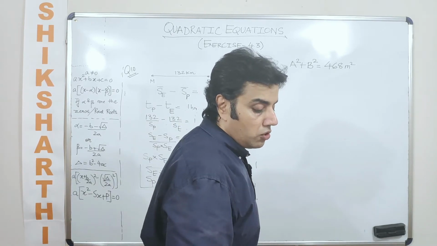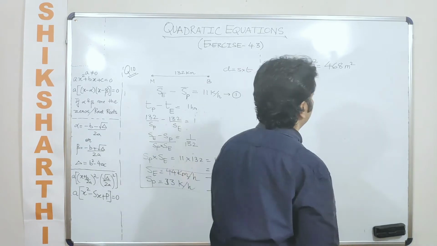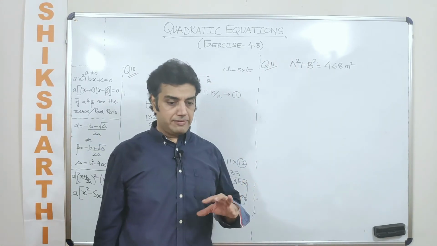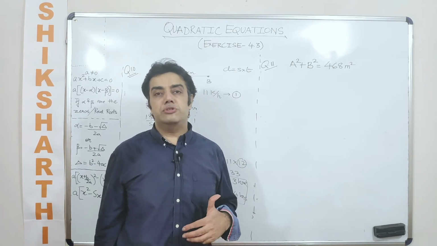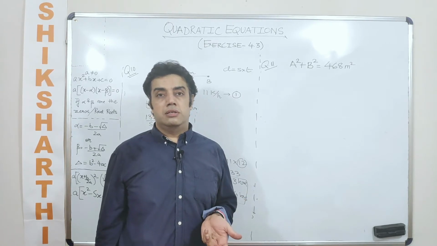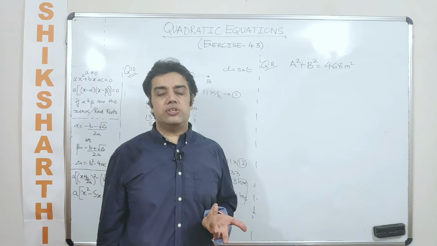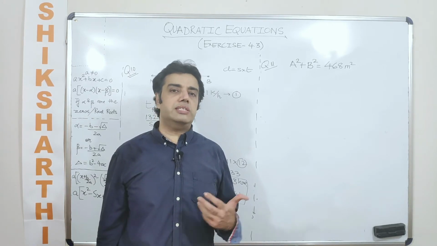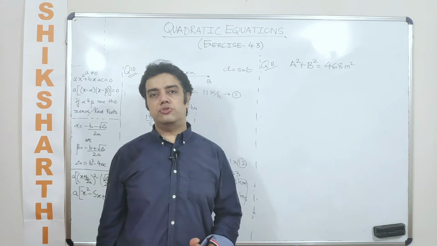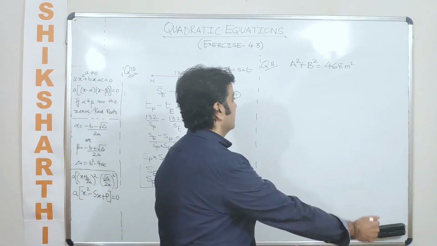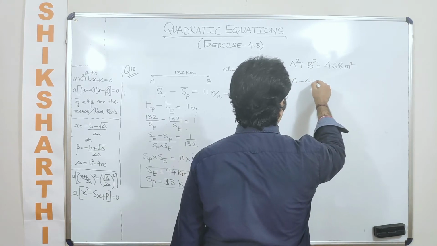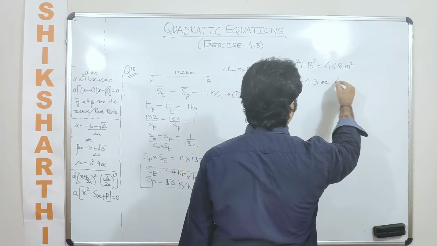If the difference of their perimeters. Now, the moment they use the word difference, if I say what is the difference between A and B, difference is directionless. It does not specify a direction. What I mean to say is the difference could be A minus B, the difference could be B minus A also. So when we are saying the difference between their perimeters, it could be either this or this.